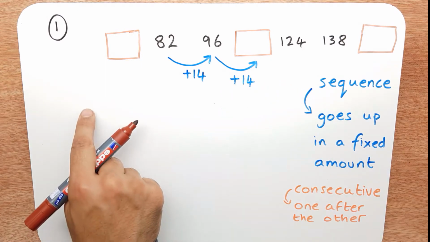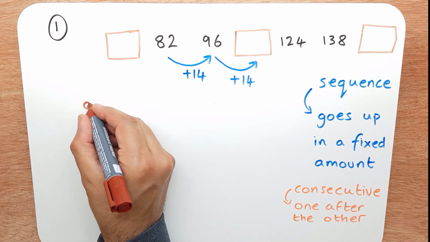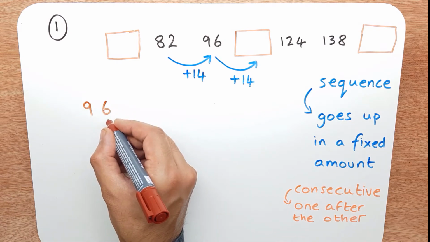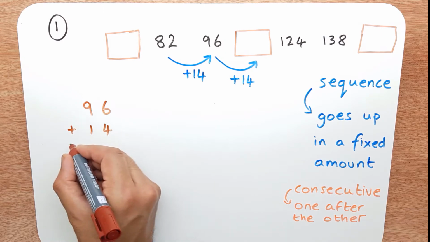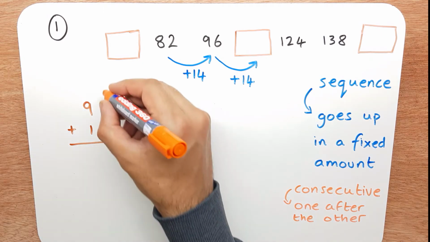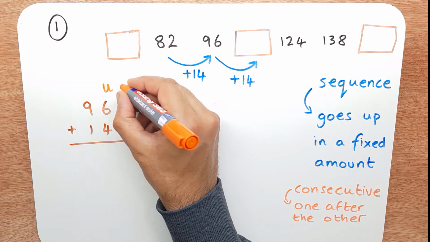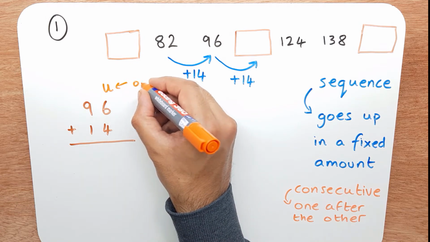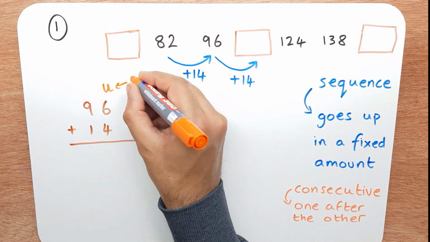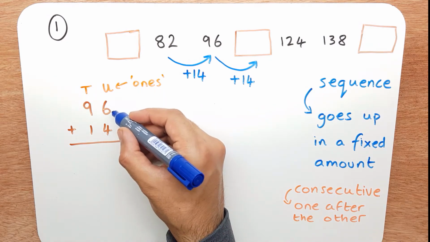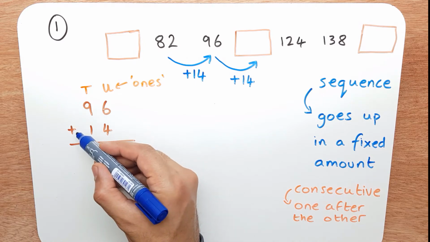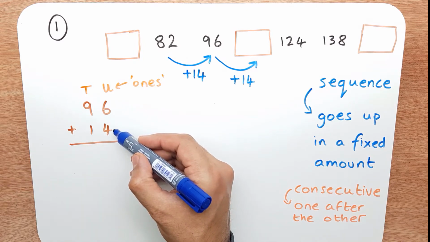So let's do that down here. 96 add 14. Again, this is your units or your ones column, and this is your tens column. 6 add 4 is 10.